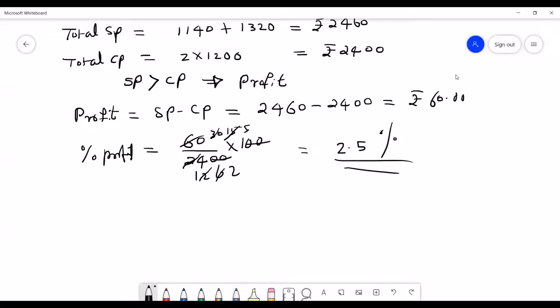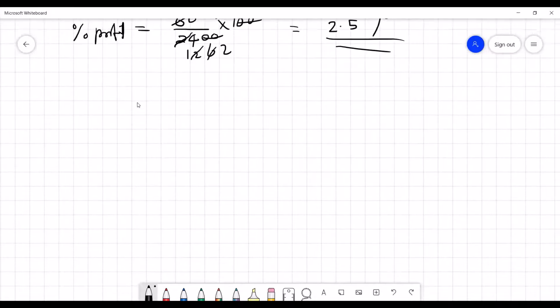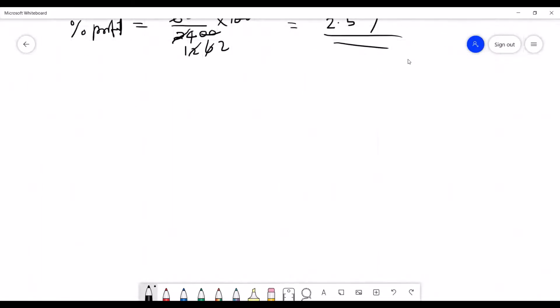Now our next topic is sales tax, value added tax, and GST.